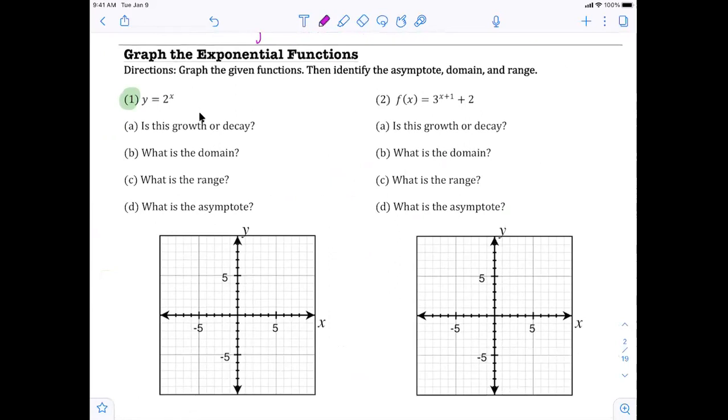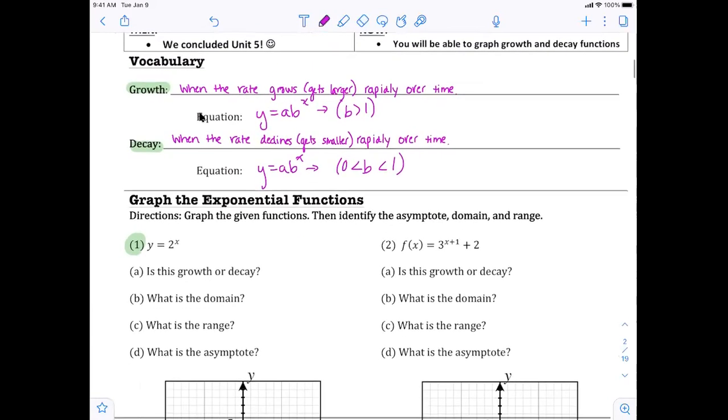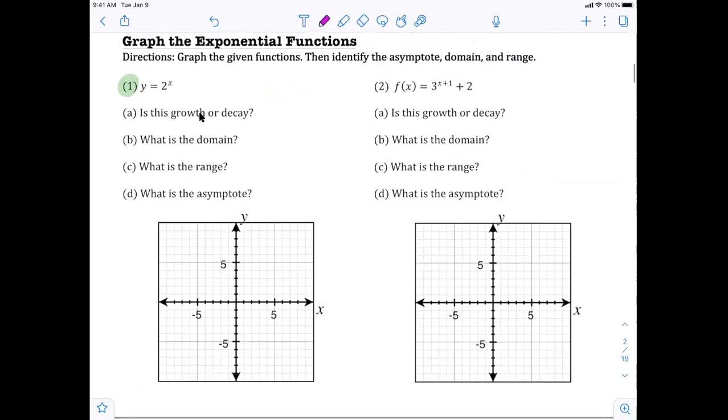We haven't really worked with asymptotes all that much. But asymptotes are basically just invisible lines that your graph can't cross. It's not just that it won't cross, it's that there's a limit somewhere in your function that will make it physically never able to cross that.